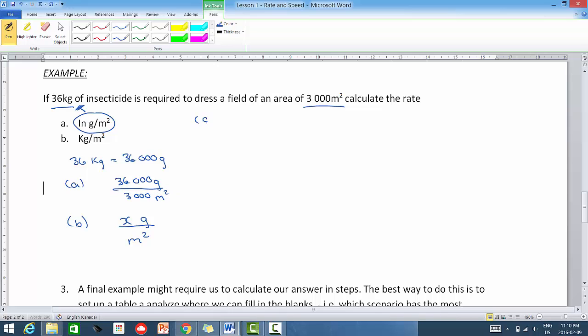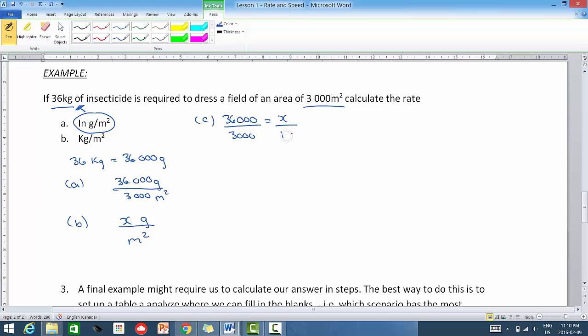And part C of our steps say that we're going to equate the two. So we have 36,000 divided by 3,000 equals x over 1 for 1 meter squared, for every meter squared. That's what the question's asking. So, same thing, easy as the question before us.